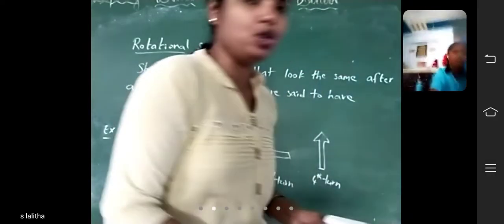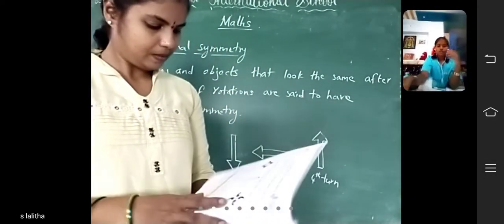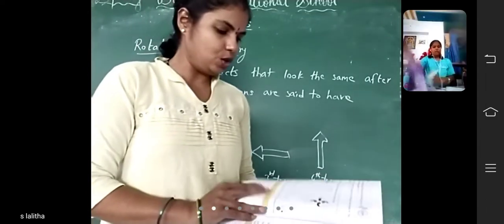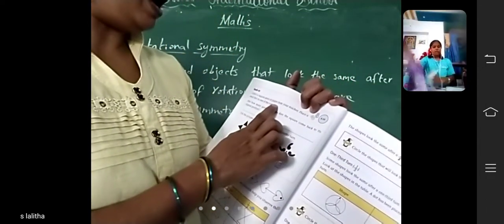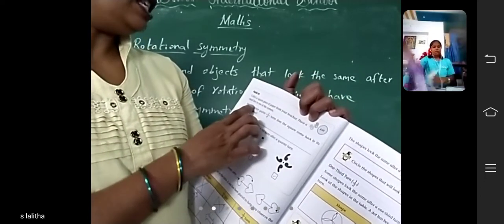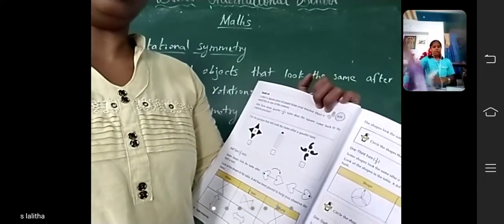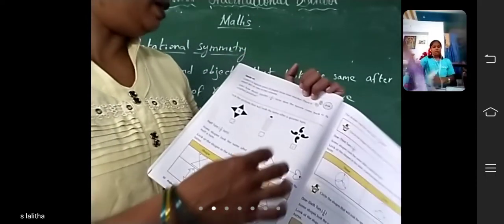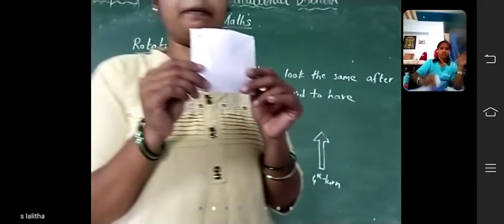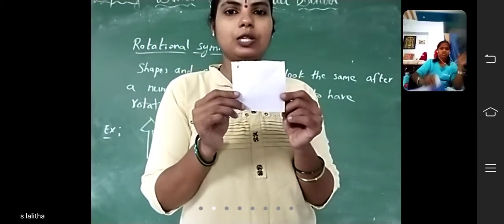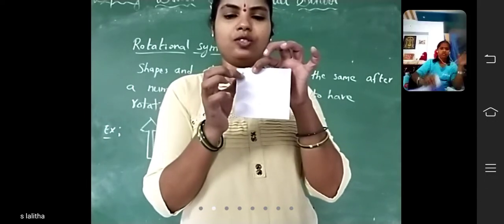Next, take the studio. See the page number 32. Hands-on activities. Collect a square piece of paper from your teacher. Place a small dot in one of the corners. All of you take one square paper, children. See here. This is the square paper. I dotted here in the corner.